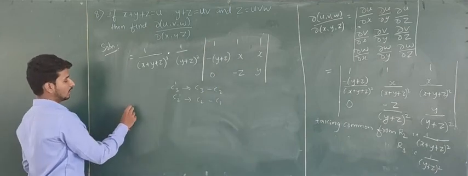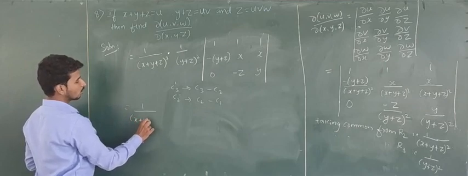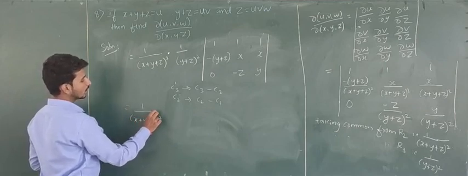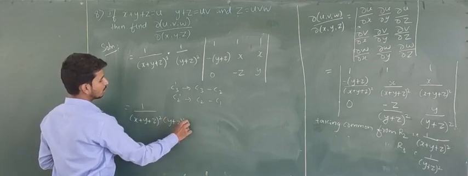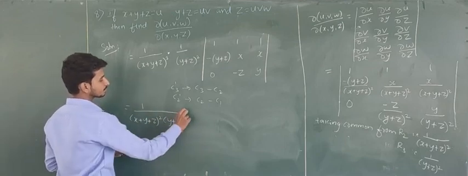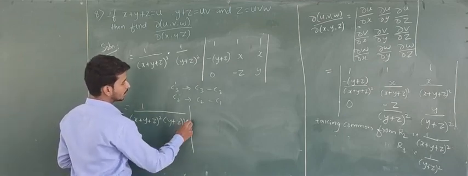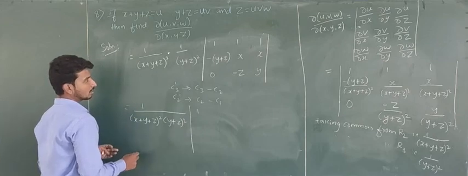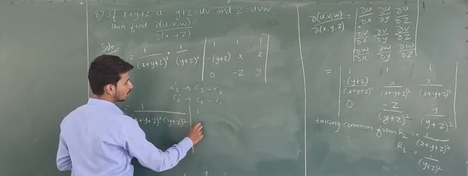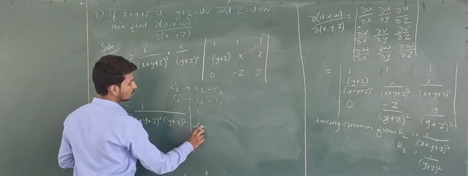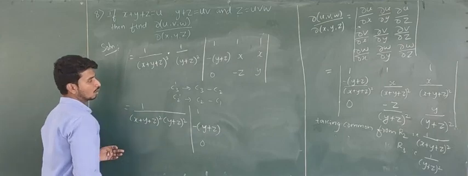This can be written as 1 divided by (x plus y plus z) whole square into (y plus z) whole square. With the elementary transformation, we are not changing the first column, so we write it as it is: 1, minus of (y plus z), and 0.